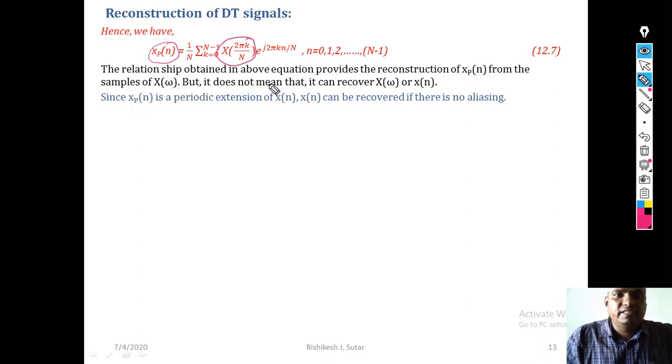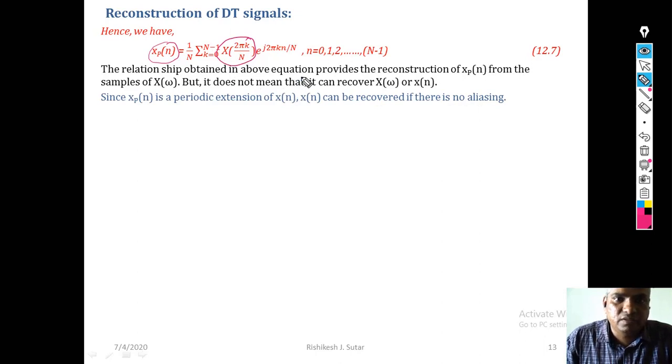But it does not mean that it can recover x of n, because xp of n is a periodic extension of x of n. So x of n can be recovered only if there is no aliasing. What I have written here is xp of n in terms of x of omega.